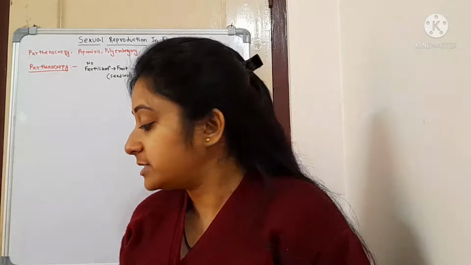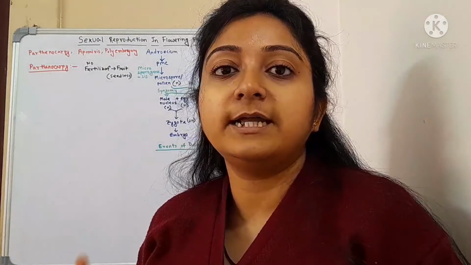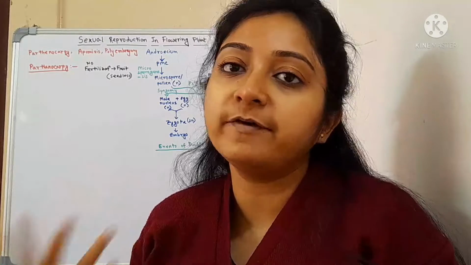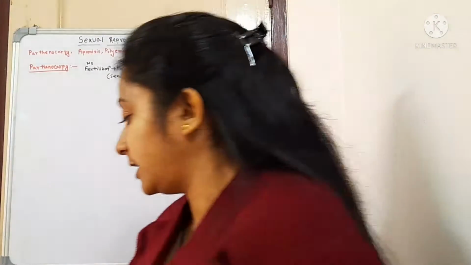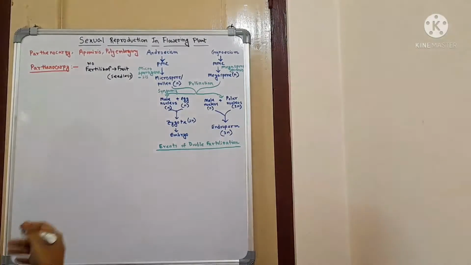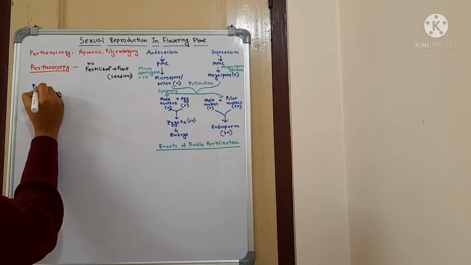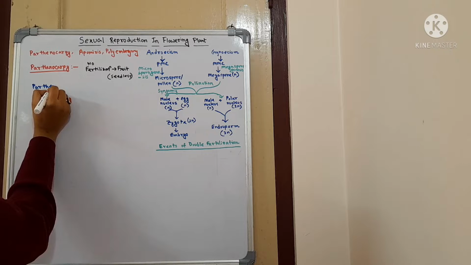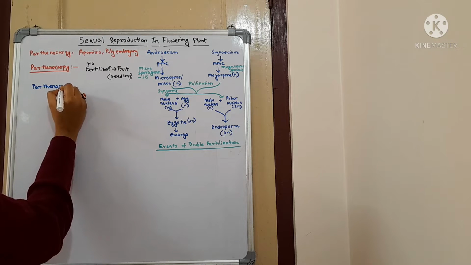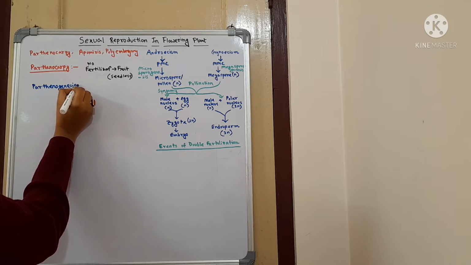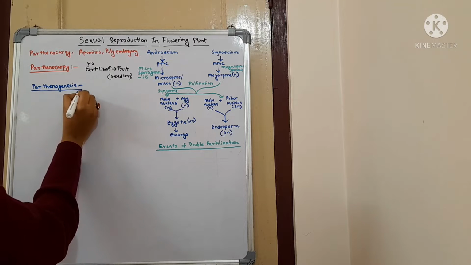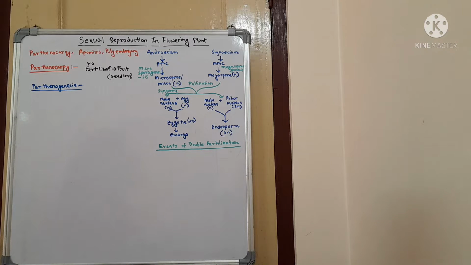Now here comes another term called parthenogenesis, and people often get confused between these two terms. As both terms sound alike, they often think that these two are the same, but they are actually not. There is a little bit of difference between parthenocarpy and parthenogenesis.